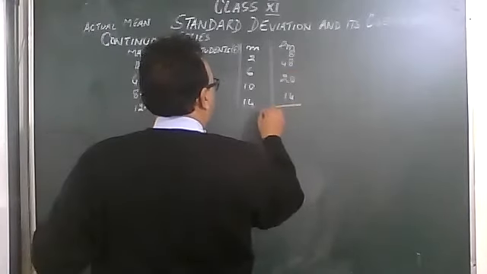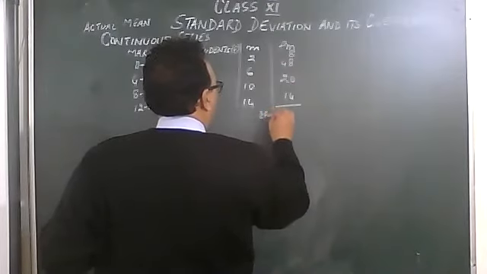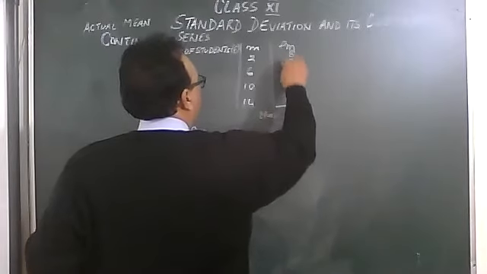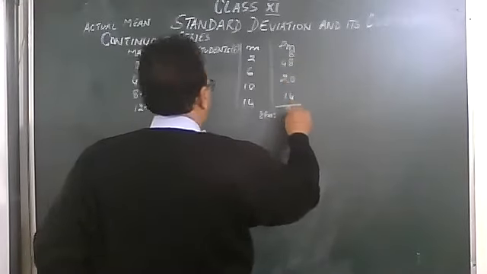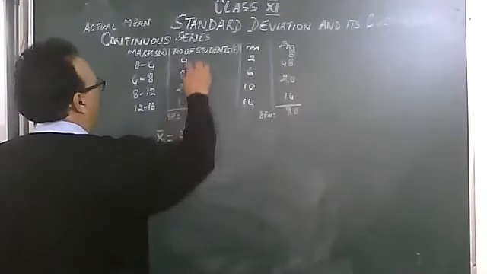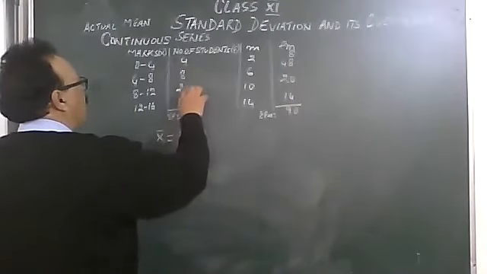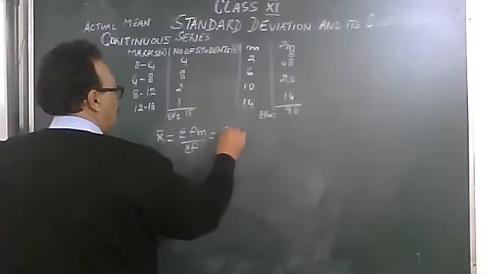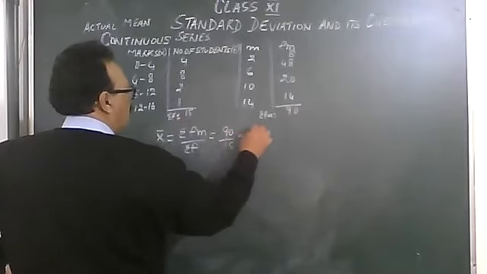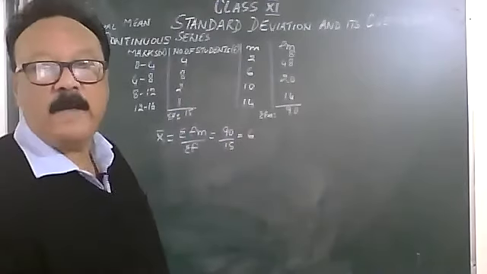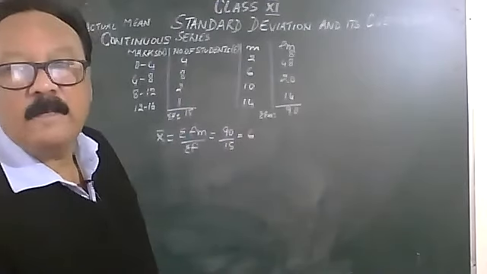Summing this up, sigma fm is equal to 90. Number of students, sigma f, is 4 and 8, 12, 12 and 2 is 14 and 1, 15. Substituting these values, sigma fm upon sigma f is 90 upon 15, which is equal to 6. So this is the first step of calculating the mean.